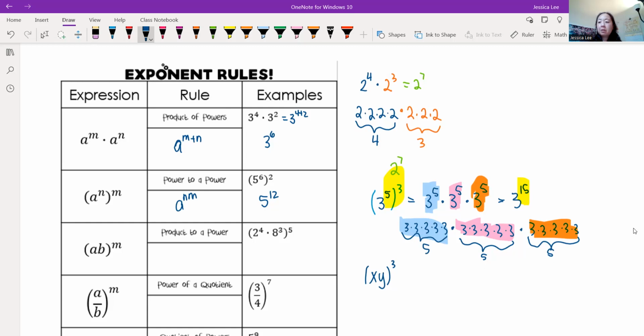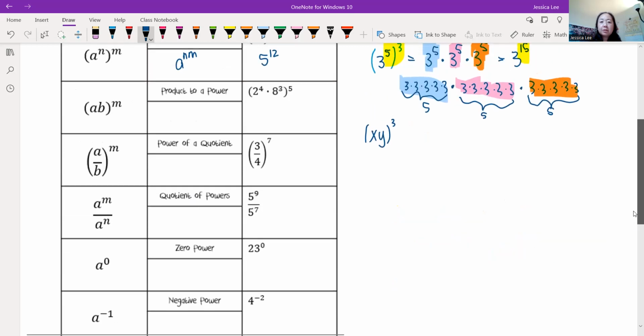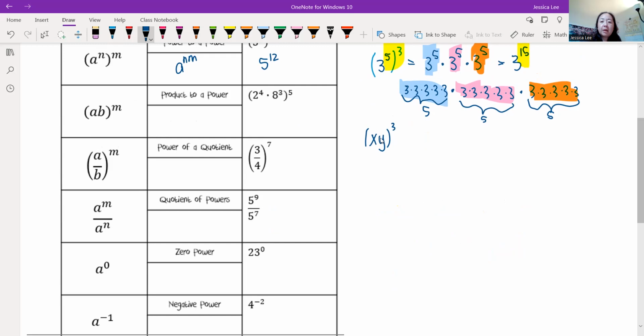It literally means we take xy and multiply it 3 times, so it's xy times xy times xy. How many x's do we have? X to the third power, because we have 1, 2, 3 of them. Same thing with the y's: we have 3 of them, so that's y to the third power.